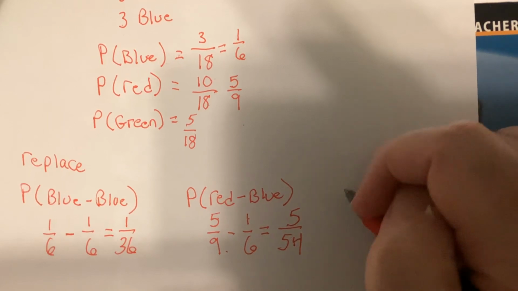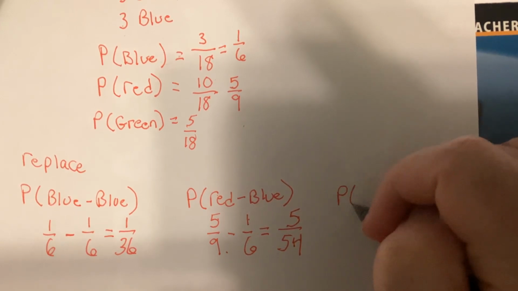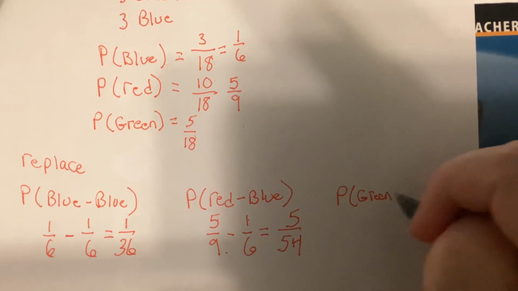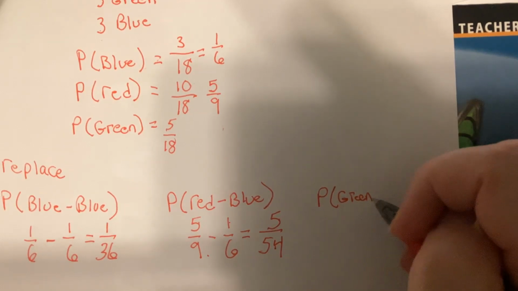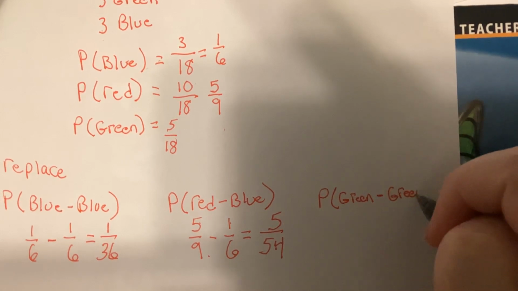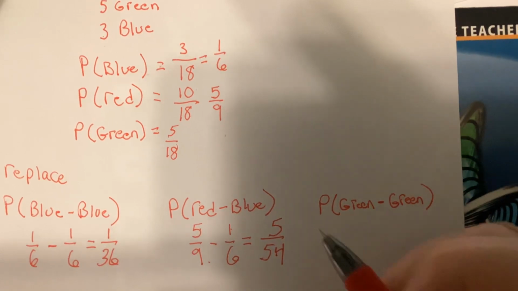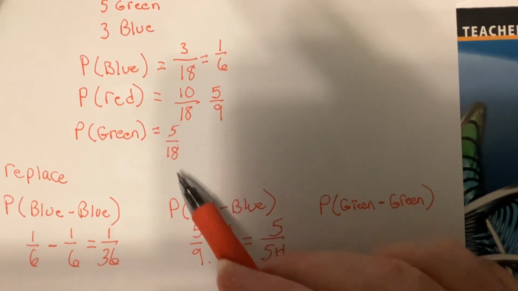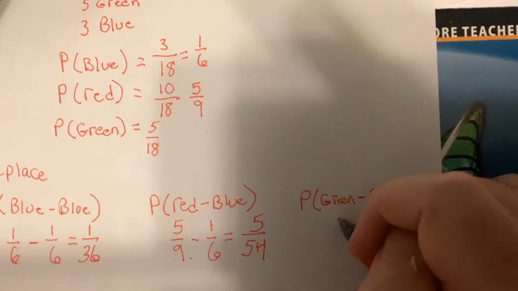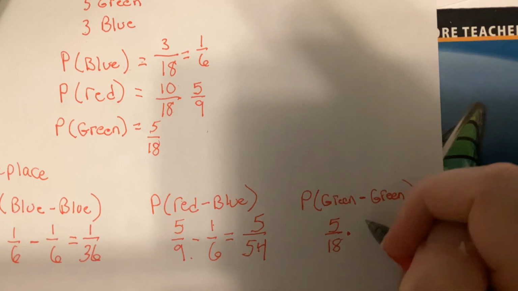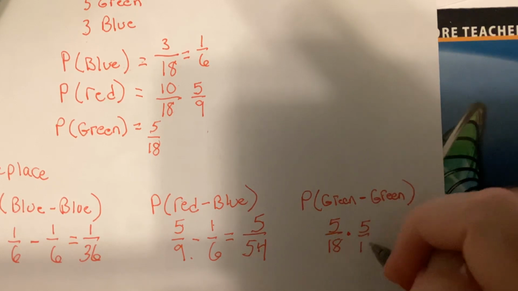So try one on your own. What's the probability of doing a green, then do a second draw, but replace the first marble and get another green? Well, green is 5 out of 18. So it'd be 5 out of 18 times 5 out of 18.